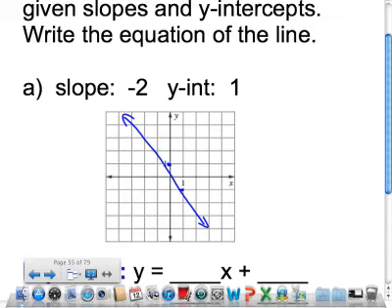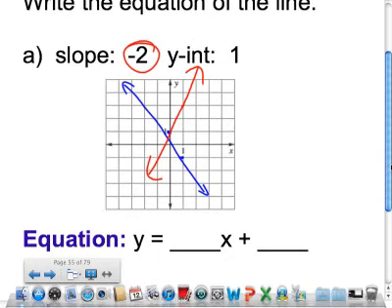If you had mistakenly went up 2, right 1, there should be a red light going off because your slope is negative. To be a negative slope, you have got to be going down from left to right. So the equation of this line is very simply going to be negative 2x plus 1. mx plus b.